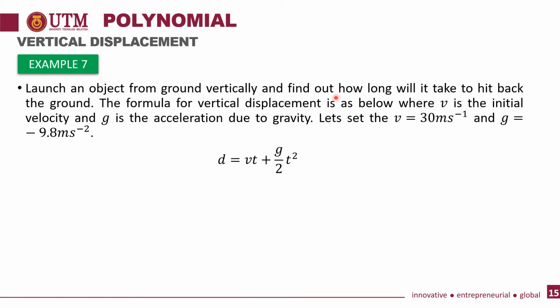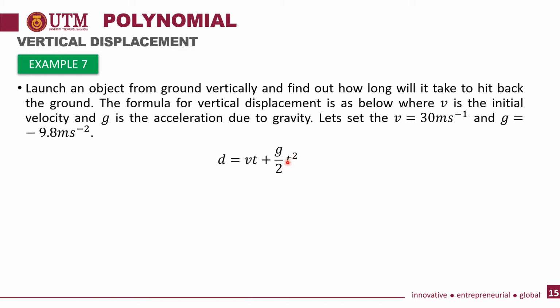Okay, so the formula for vertical displacement is as below, where v is the initial velocity and g is the acceleration due to gravity. So let's set v equals 30 m/s and g equals negative 9.8 m/s squared. Okay, so this is the formula. You can see that d, the distance, equals velocity times time, plus g over 2 multiplied by time squared.